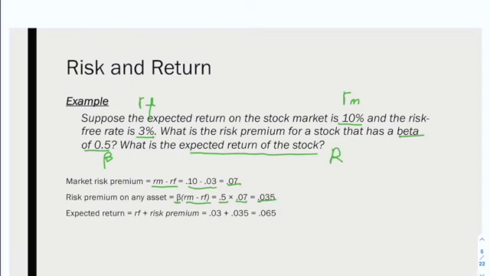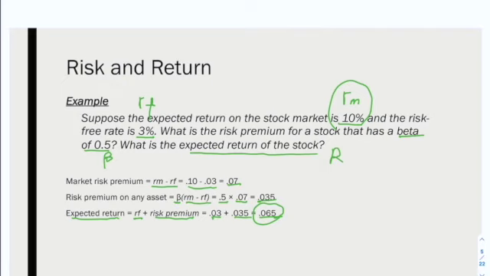And then the expected return from this risky asset equals RF, 3%, plus the risk premium from this asset, which is 3.5%. And now we have 6.5% as the expected return from this stock. We can see that this expected return is lower than the market return. Why? High risk, high return. You have a beta less than the beta for the market, so you're taking less market risk. You can only ask for a lower expected return.